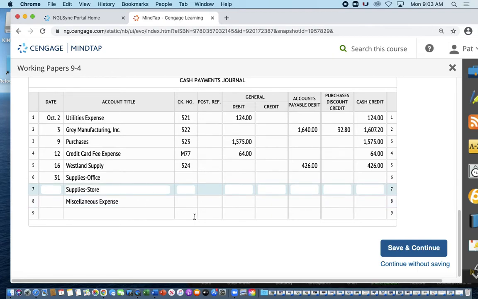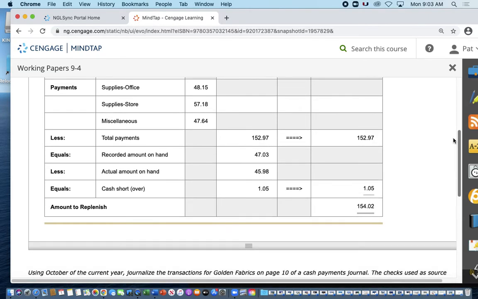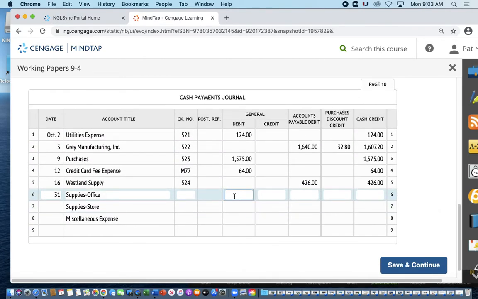Okay. I would write those 3, but you guys can do it however you wish. I would put those numbers, 48.15 in the general debit, 48.15, 57.18, and the miscellaneous was 47.64.